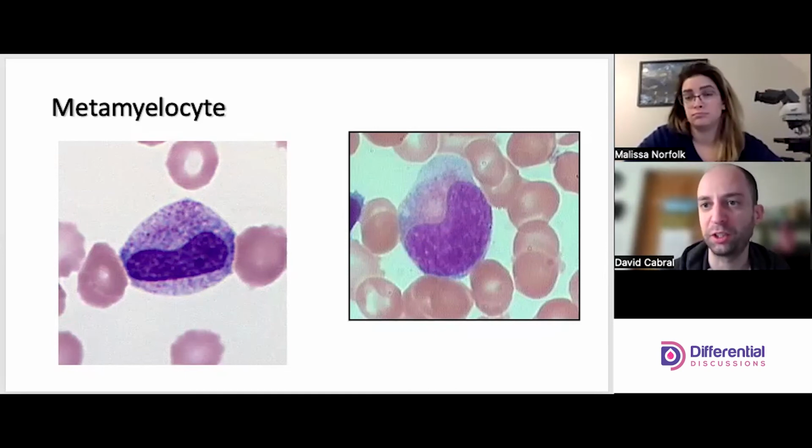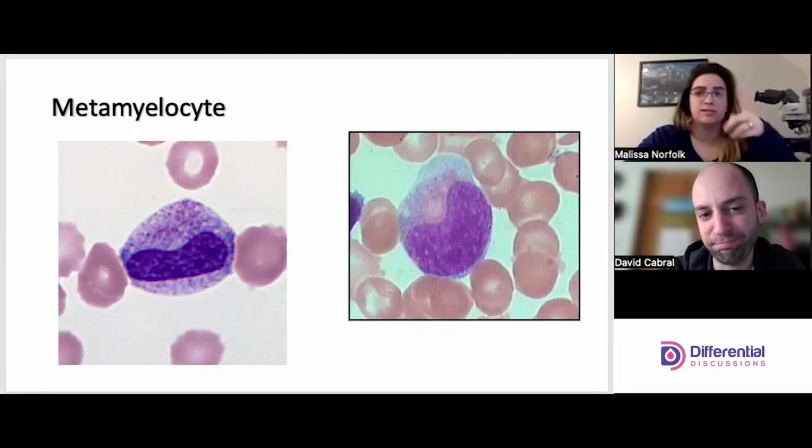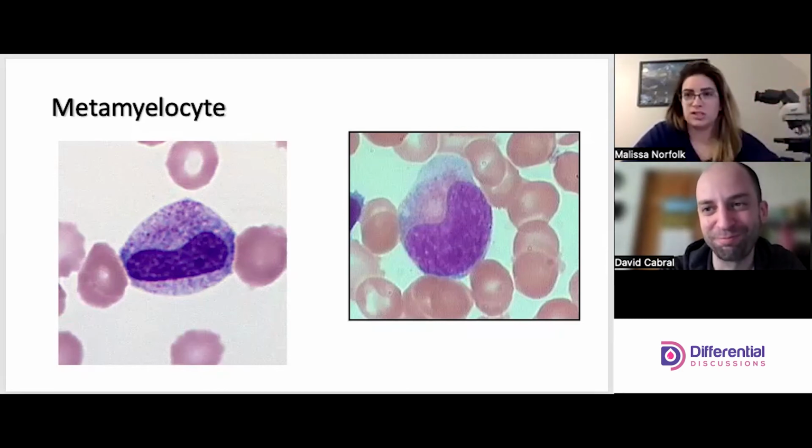We're just strictly trying to follow a set of rules that standardize the calling. So meta call on the left, even though it's looking pretty mature. Again, it's the cytoplasm that looks really mature. If you look at the nucleus, it's just a little bit more mature than our myelo was.